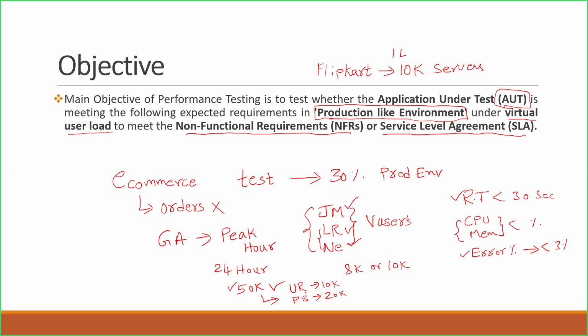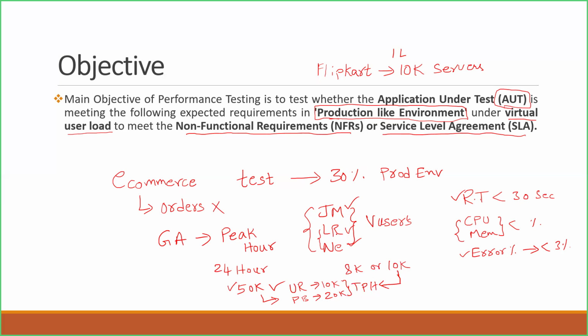In those cases, instead of taking the user load, we need to consider the transactions per hour, TPH. We develop the script and calculate the pacing properly in such a way that we reach this particular transactions per hour with this user load. This is what we can do in this case.